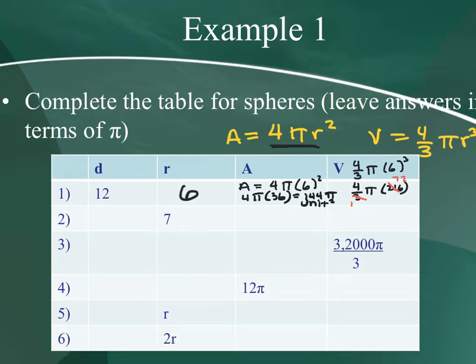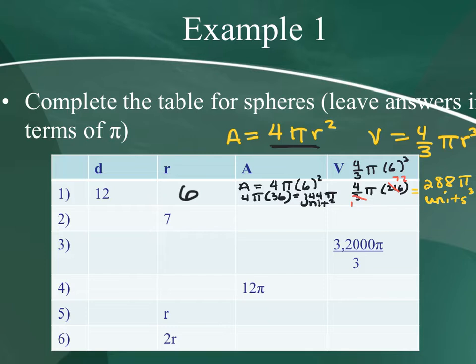And then now I'll multiply it. 4 times 72 gives me 288 pi, and these are units cubed. Volume is always to the third power.